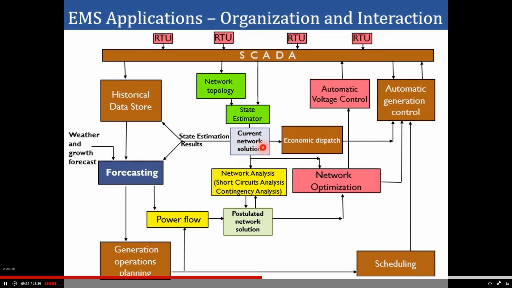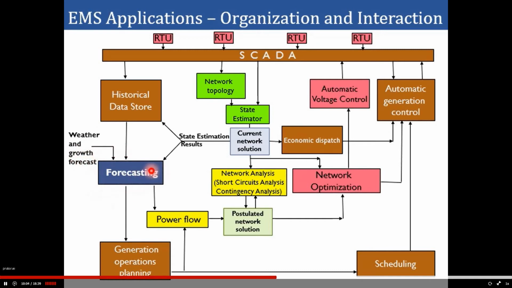So we now have the current network solution as an output of state estimator. These state estimator results will be shared with the forecasting application. At the same time, this information will be stored in a historical database for any post-mortem analysis. Now the forecasting application will take input from the historical database as well as weather and future growth forecast inputs.